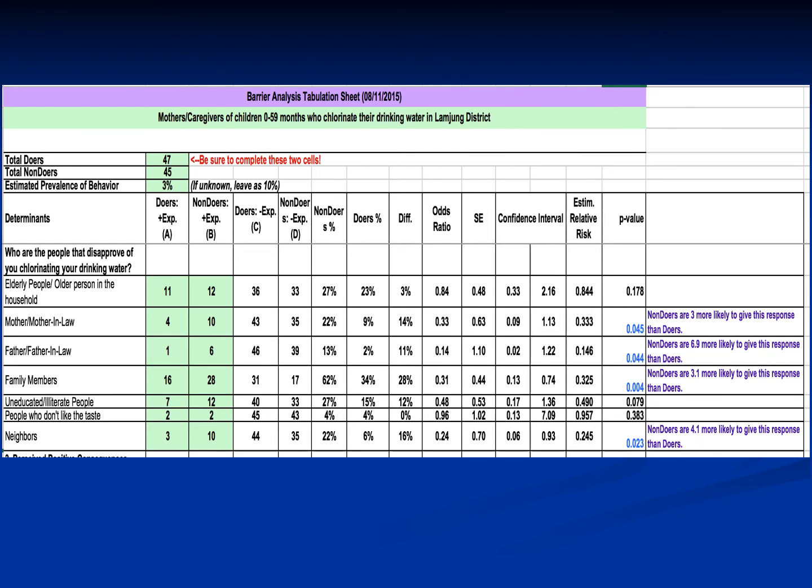Neighbors also were a problem. So this should have made it clear to the project staff that if they wanted to change this behavior, they couldn't just talk about the benefits of it and how to do it with the parents of the child. They needed to be talking to a much wider group of people. And that's not unusual, but it's amazing how often we forget that.